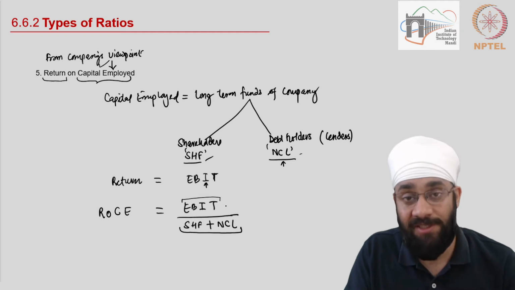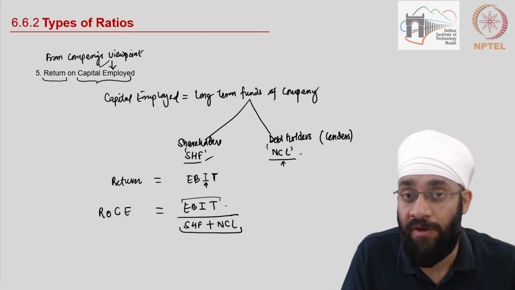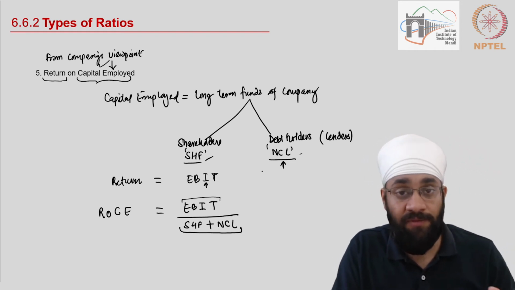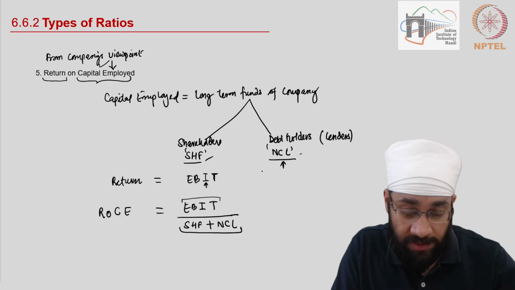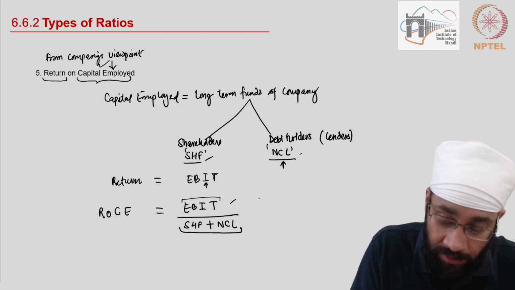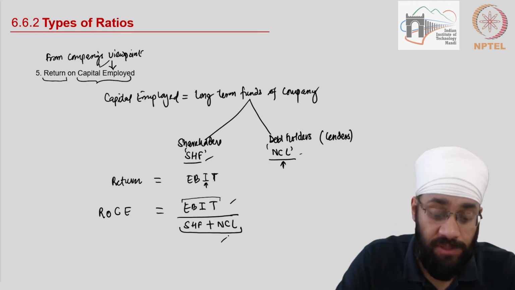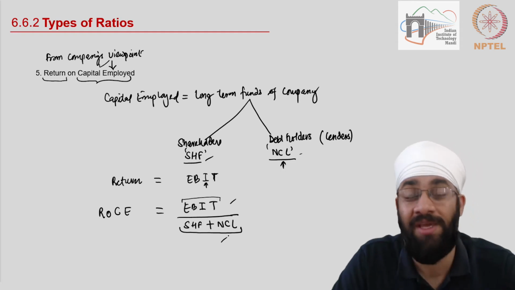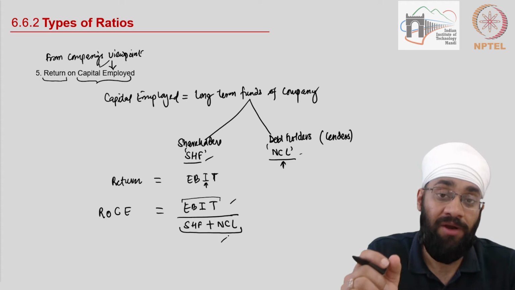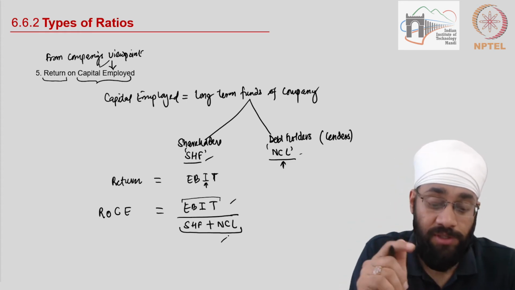After this, the business distributes this money, some in the form of interest to the non-current liabilities, and the rest in the form of dividends to the equity shareholders. So that is the idea here. You use earning before interest and tax, and both the long-term funds of the business, to figure out the return on capital employed. Again, emphasizing capital employed from the point of view of the company, not the owners of the business, not the shareholders of the business.